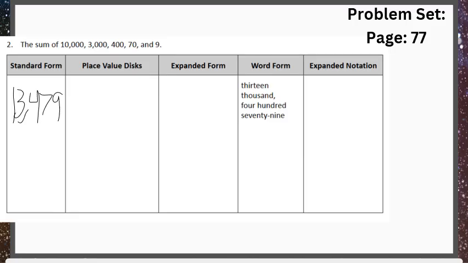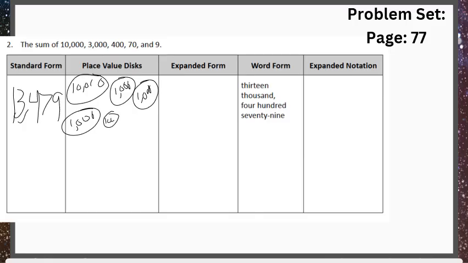Now for our place value discs, we need 1 10,000s disc and 3 1,000s discs. Then we need 4 hundreds discs, 1, 2, 3, 4.